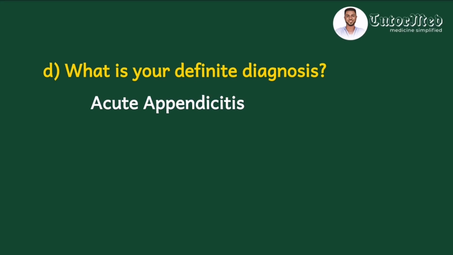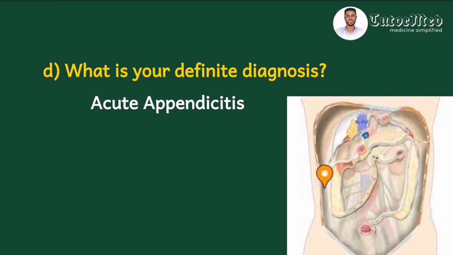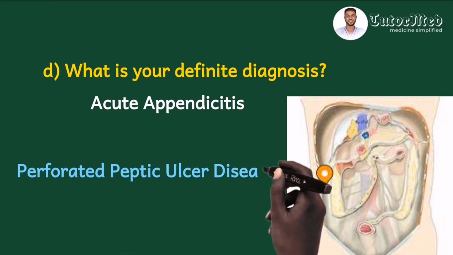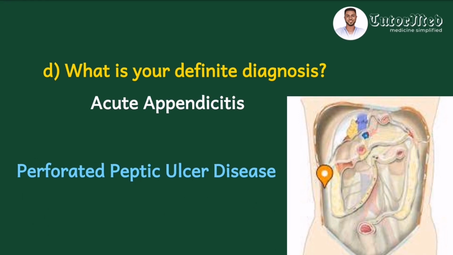However, in this diagram I want to show something here, that sometimes perforated peptic ulcer disease can mimic acute appendicitis. Now, in perforated peptic ulcer disease, if there is a small leakage, maybe the ulcer has perforated and then the leakage occurs slowly such that the gastric contents trickle down the abdomen and gravitate towards the right iliac fossa, you might have a right iliac fossa pain and tenderness that would mimic appendicitis.